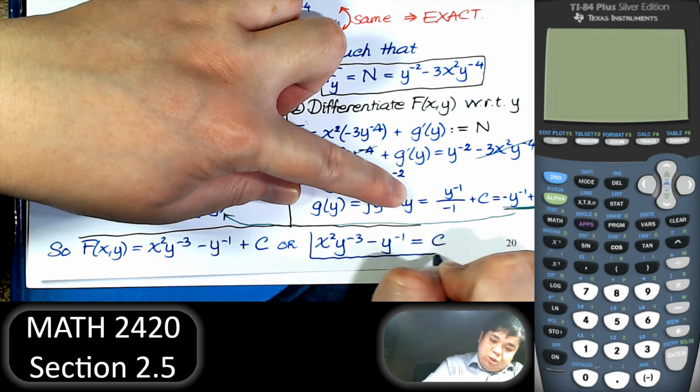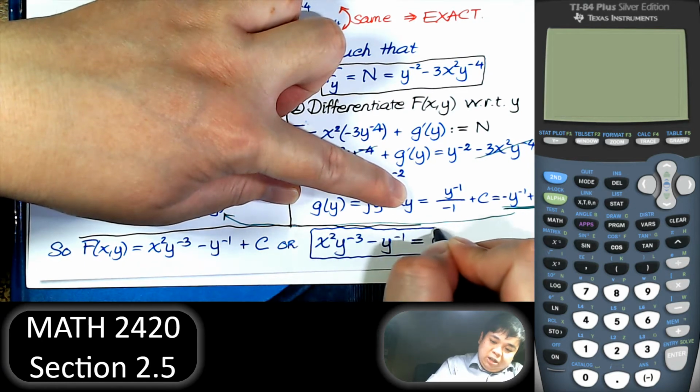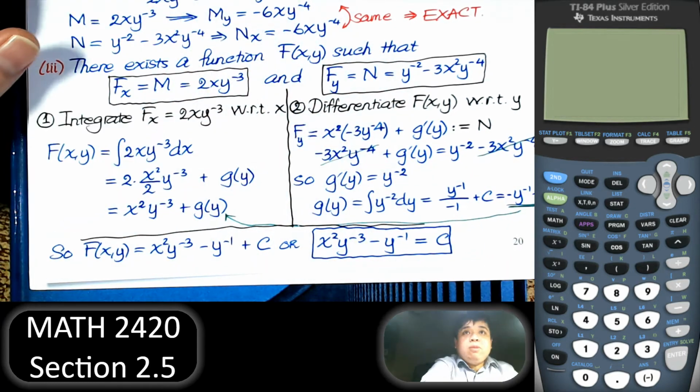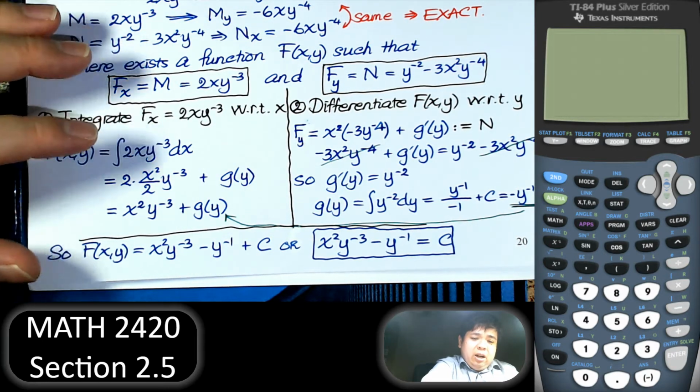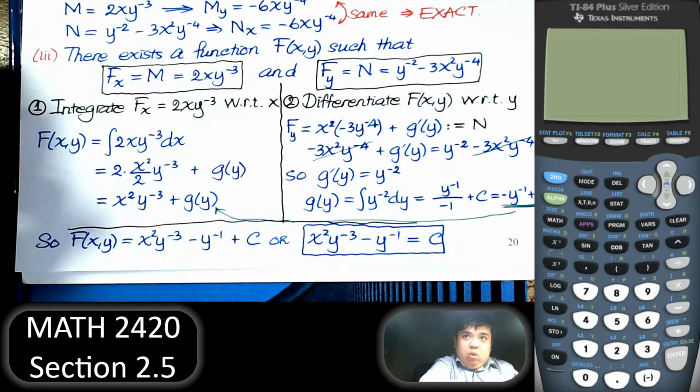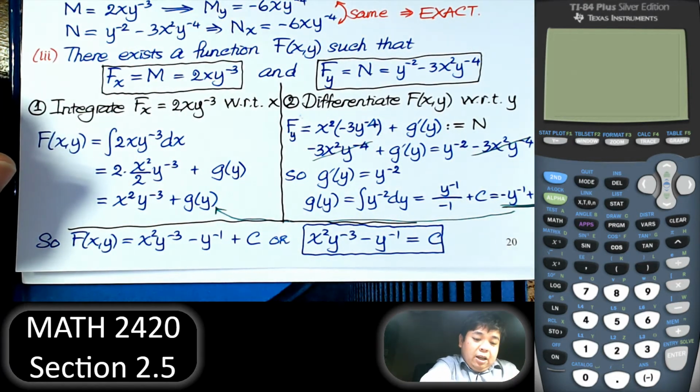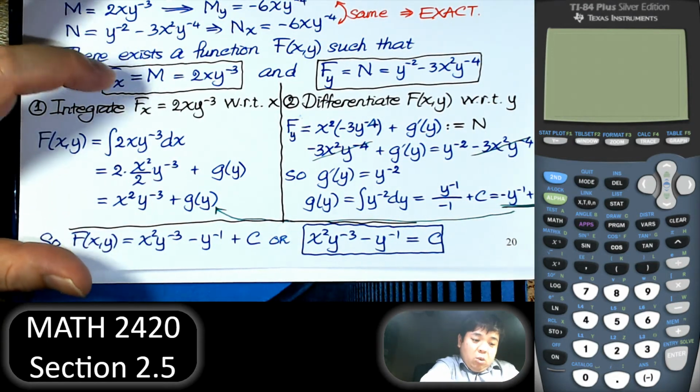So it's a solution. We write the solution in implicit form. So that is the solution. Of course, we can check with the original equation. That certainly works, and that certainly works with this equation as well.